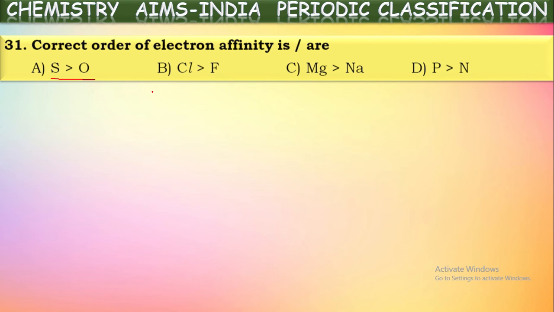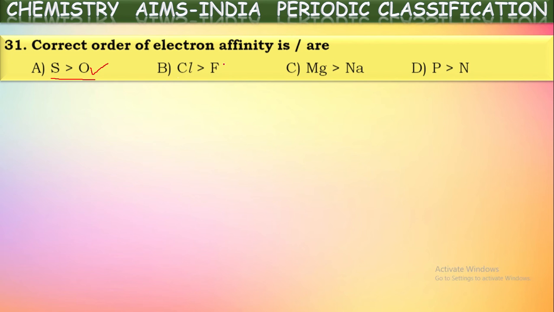So now in a group we say from top to bottom electron affinity decreases, but we told one exception here. Because of the smaller size of the second period oxygen, the next third period element sulfur has greater electron affinity than that of oxygen. So sulfur has electron affinity greater than that of oxygen. This is true. In the same way for seventh group elements also.